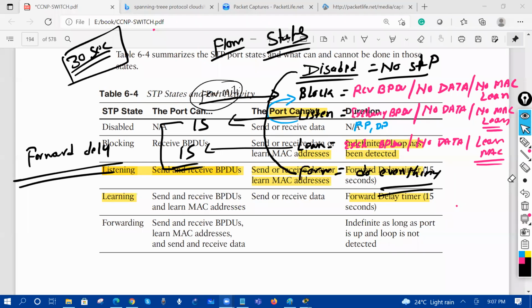It doesn't matter whether you have an access port or a trunk port. Every single port goes through all of this. If you don't do any modification, this is the default behavior. If you want to do some modification, then it will behave differently, but the default is this one.